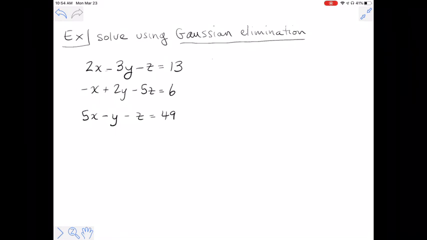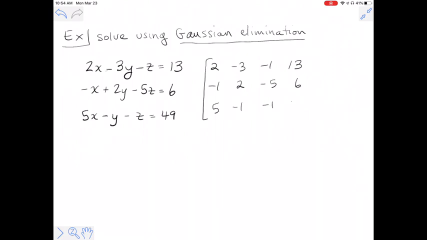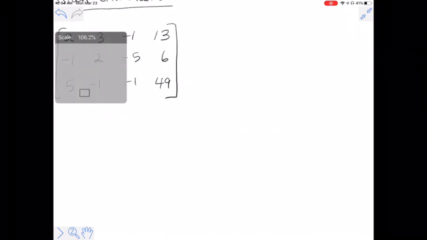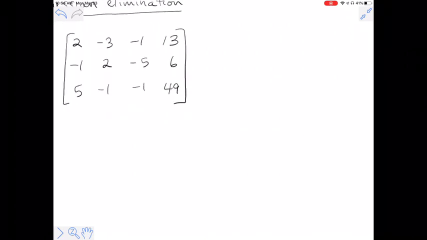So step one was to make the augmented matrix. Now the main portion of this problem is then going to be reducing the matrix to row echelon form.